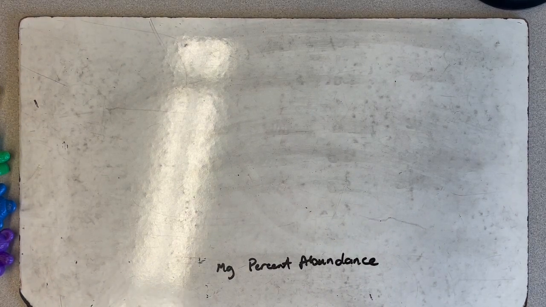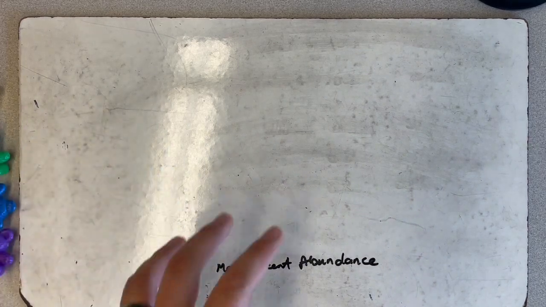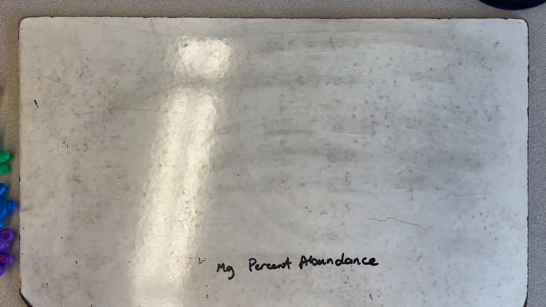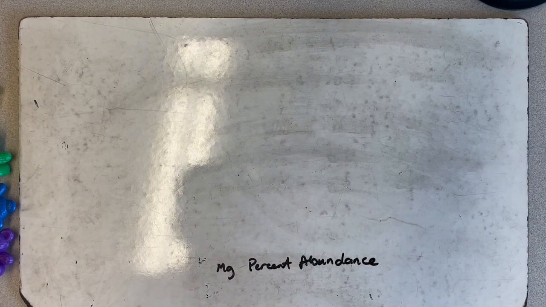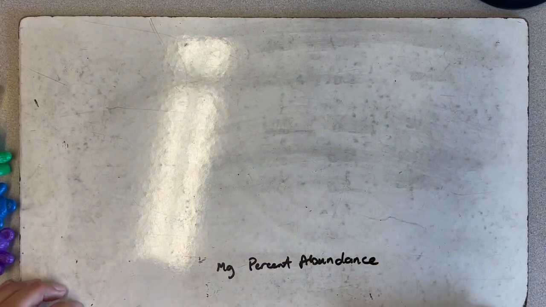Because isotopes have different masses, we can see, oh, these things have this mass, which means they must be this kind of isotope, and then it counts them, which helps us figure out the total number of atoms and which isotope contributes to the atoms.